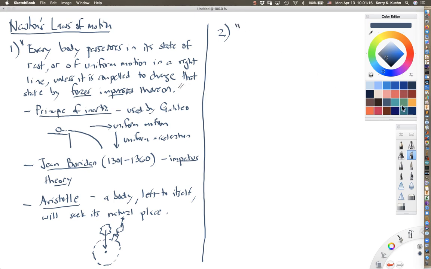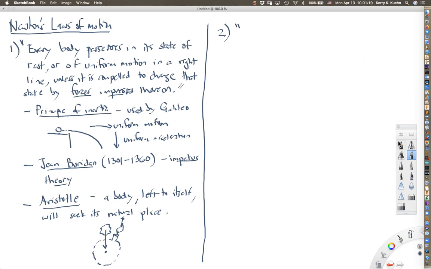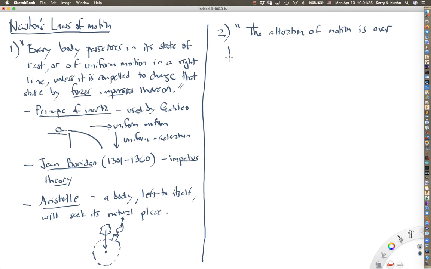Newton's second law of motion, he says, the alteration of motion is ever, or always, proportional to the motive force impressed.